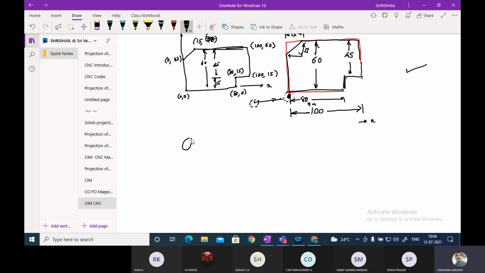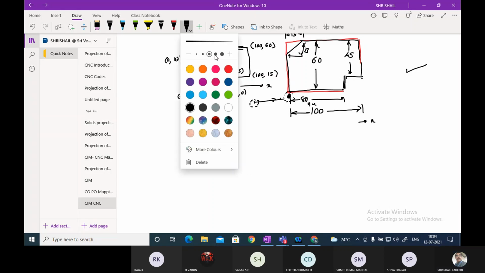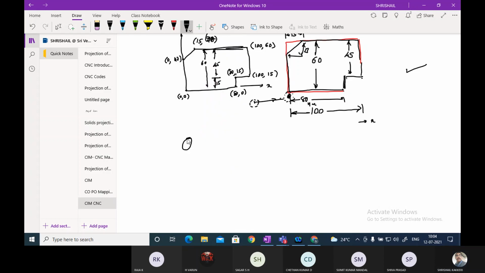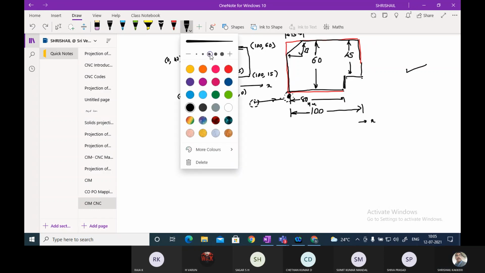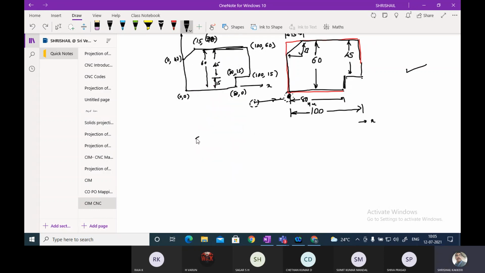I'm writing. Okay, it became big. Okay, program number 000, just something I am writing.